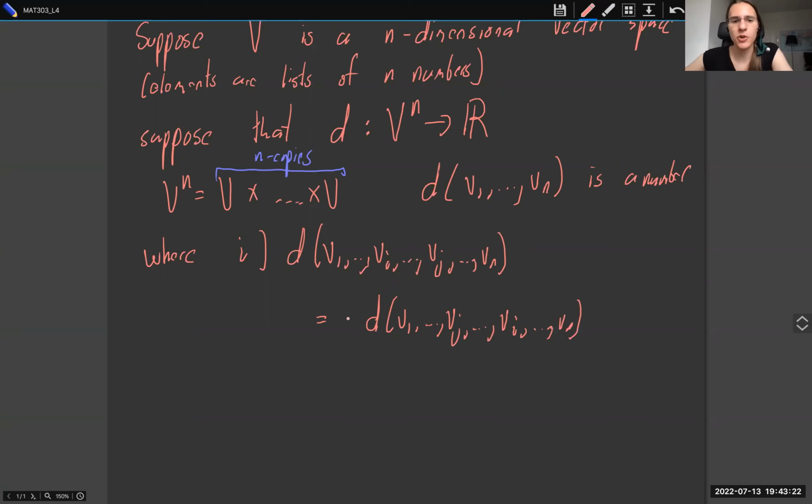If I swap these arguments, the sign of d changes. And a function satisfying this property is known as an alternating function.